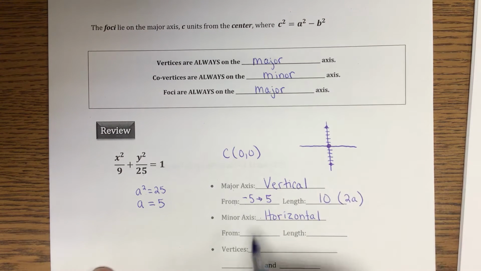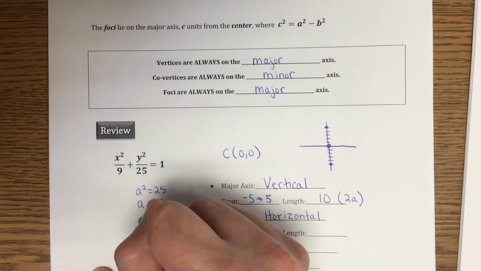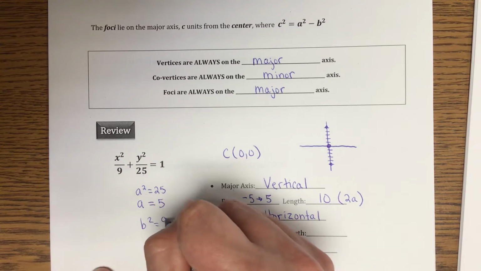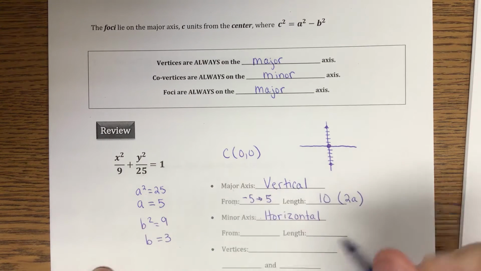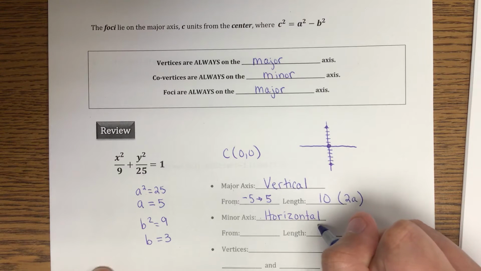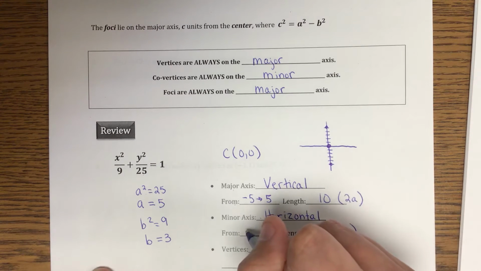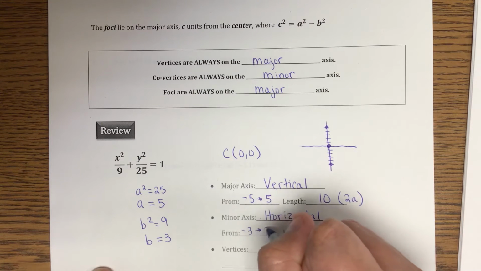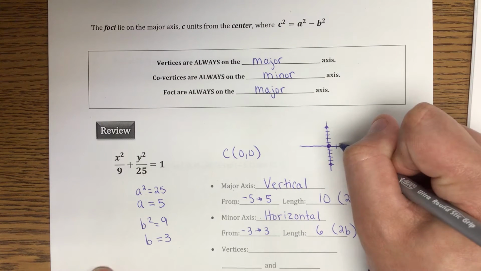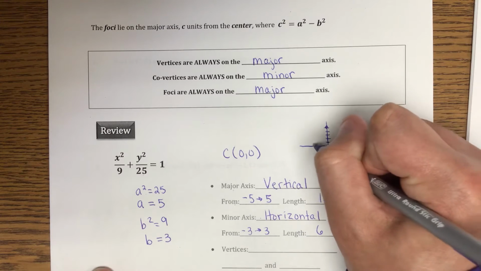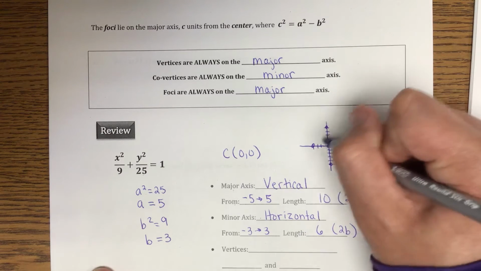It's going to be shorter because it's the minor. B squared is 9, so that means b has a value of 3. So the length here would be 6 because it's 2 times b. And that goes from -3 to +3, right here and right here.